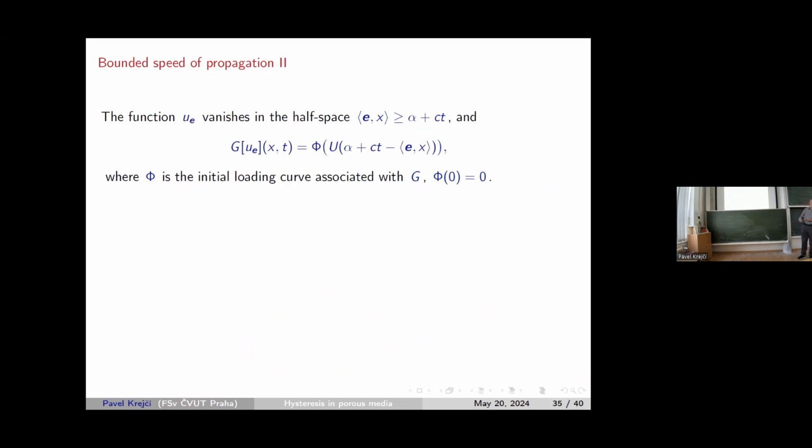So the function u vanishes in the half space, scalar product e·x bigger than alpha plus ct.